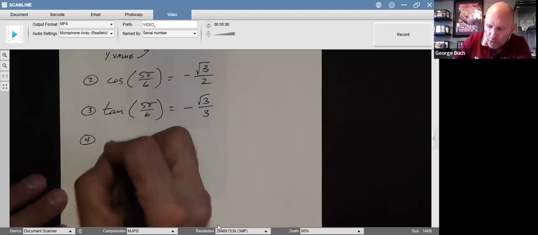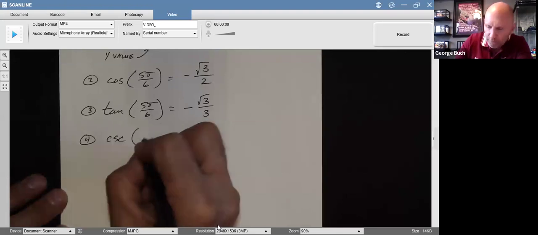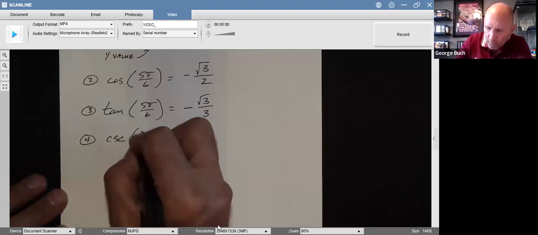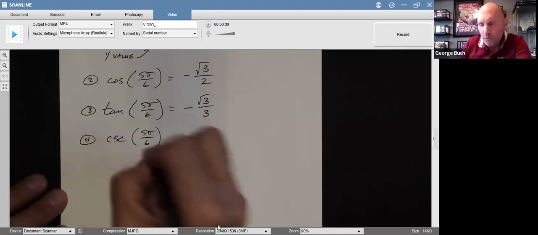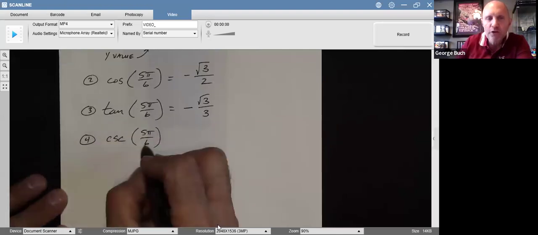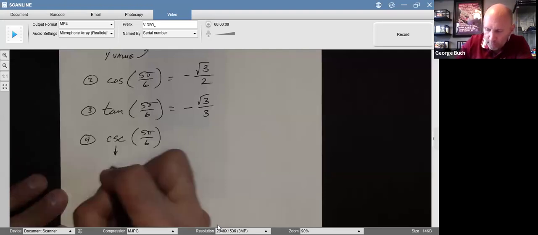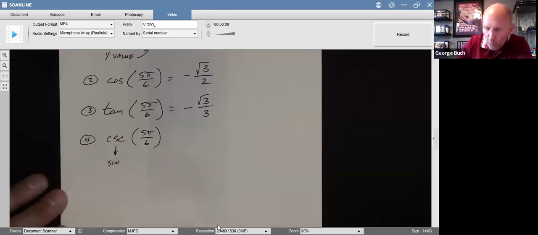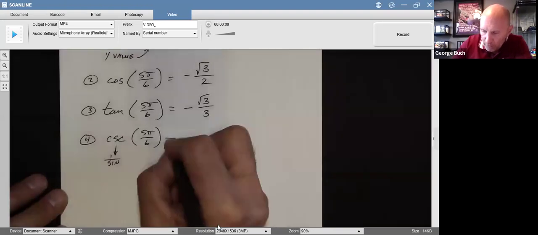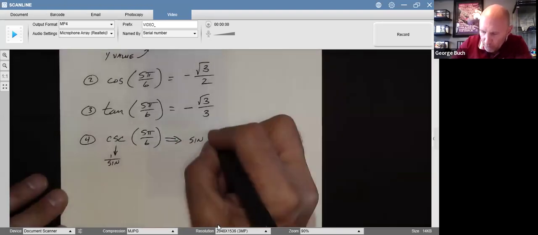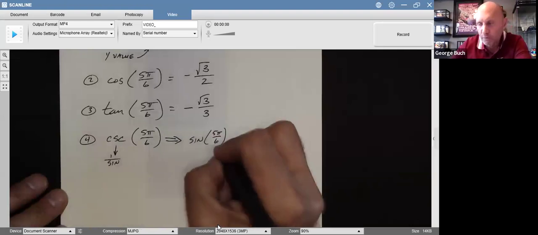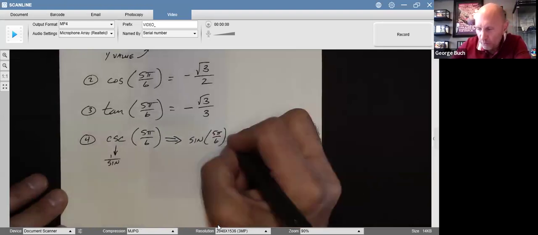And then lastly, how about cosecant of 5 pi over 6? So on our unit circle, we don't have secant, cosecant, cotangent. But I have what? I have sine, cosine, and tangent. Well, cosecant is similar to sine. It's really what? It's 1 over sine. So if I figure out sine of 5 pi over 6, and then take the reciprocal, flip it, that will give me cosecant.